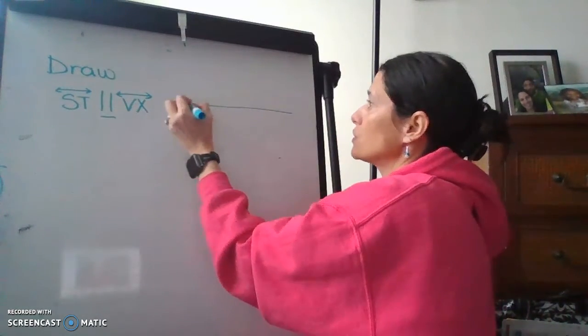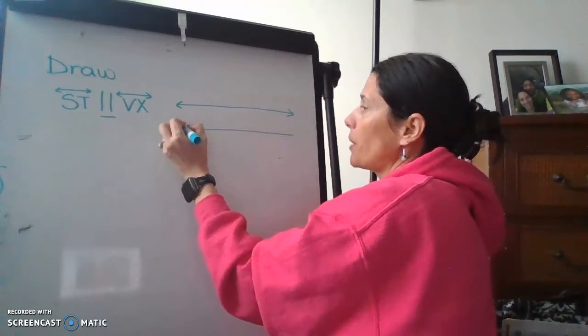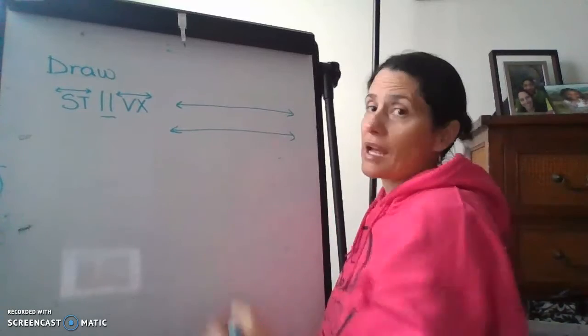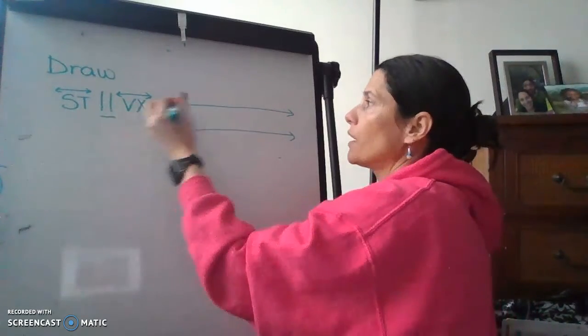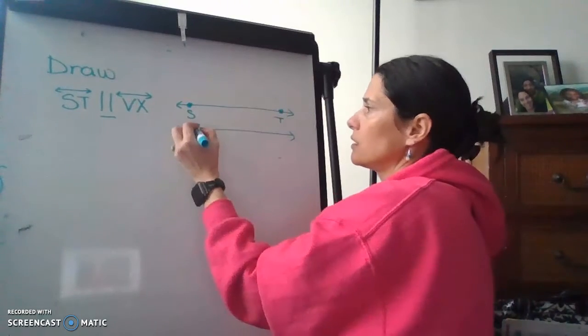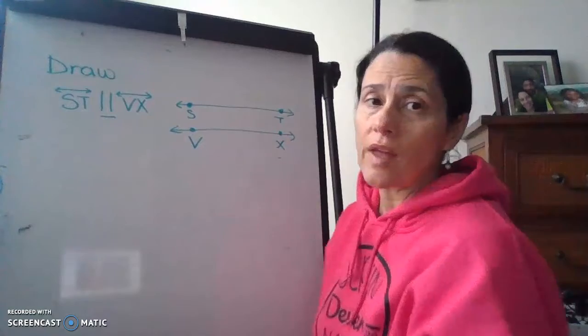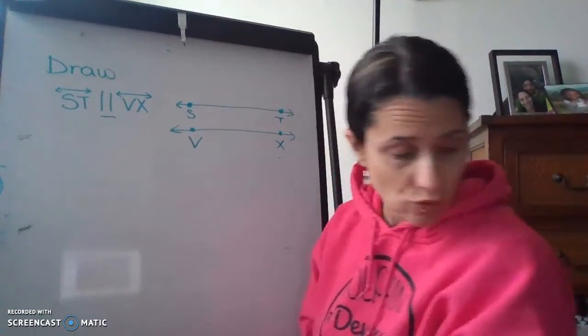So if it tells you to do that, then you draw two lines that are parallel, and remember, if it's a line, it has those arrows on the end. One is called ST and one is called VX, and that's how you draw if it asks you to draw.